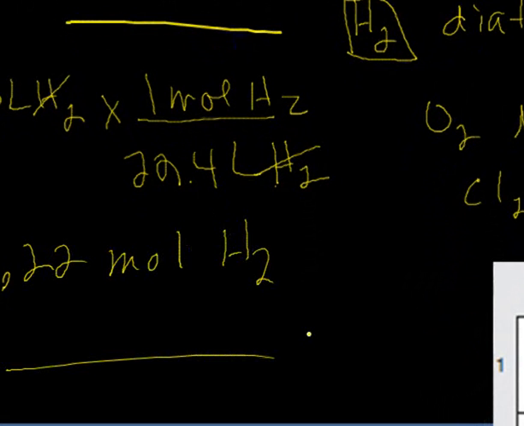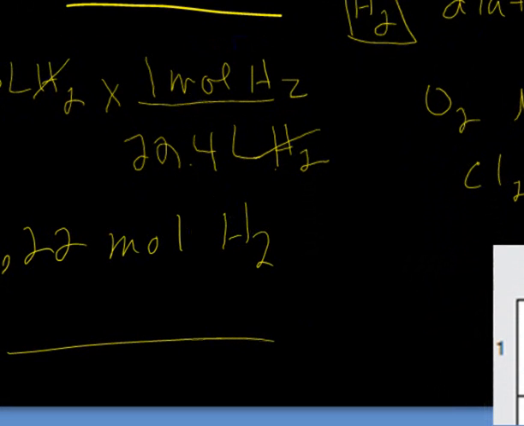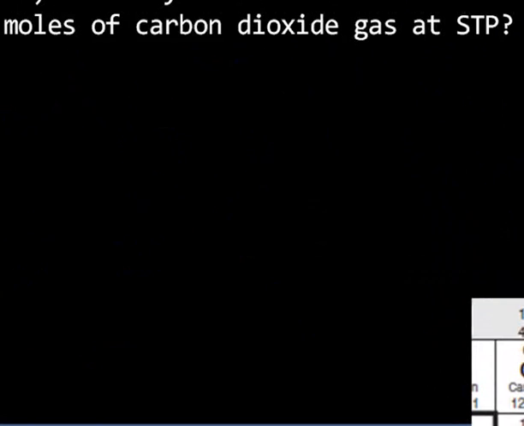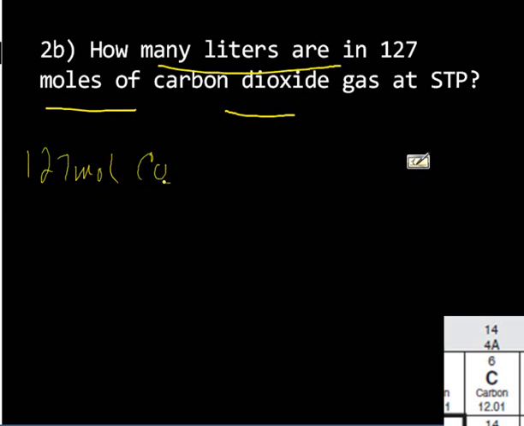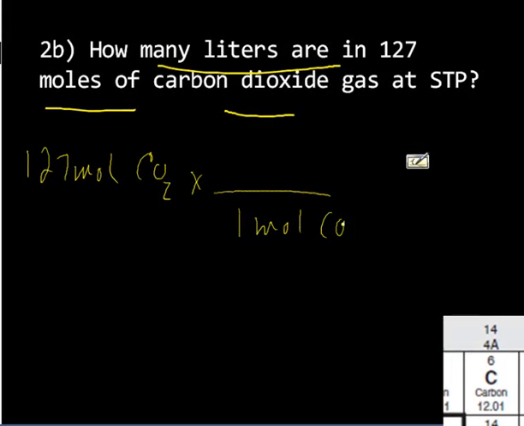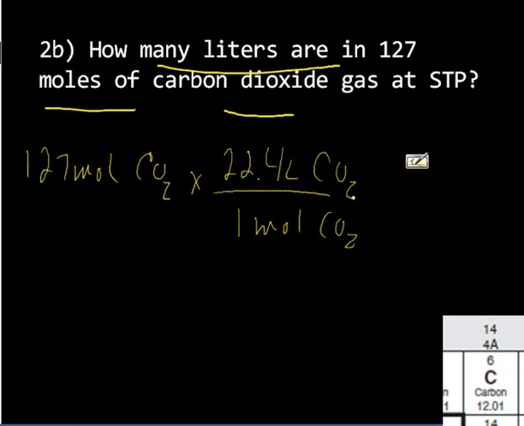Okay, let's try going the other way. In this problem we want to know how many liters are in 127 moles of carbon dioxide gas. Our given is 127 moles of CO2, and what we know is 1 mole of CO2 gas, or any gas, is 22.4 liters of that gas.